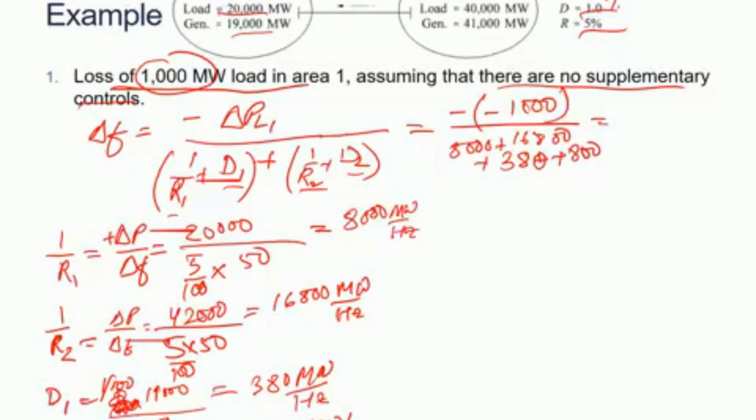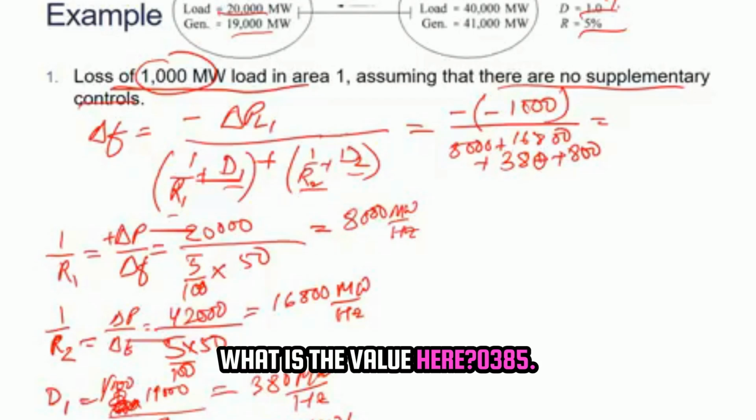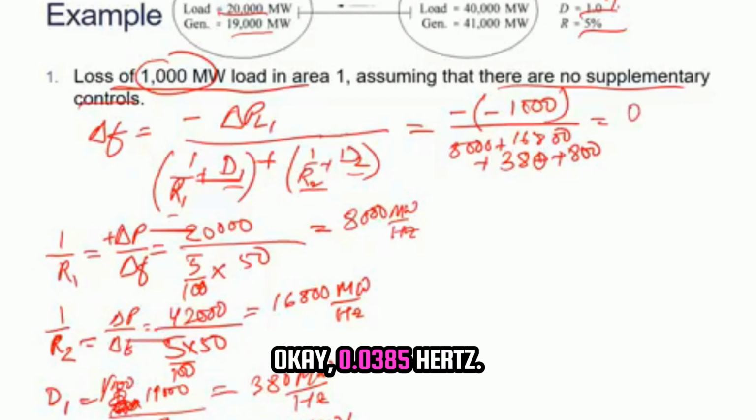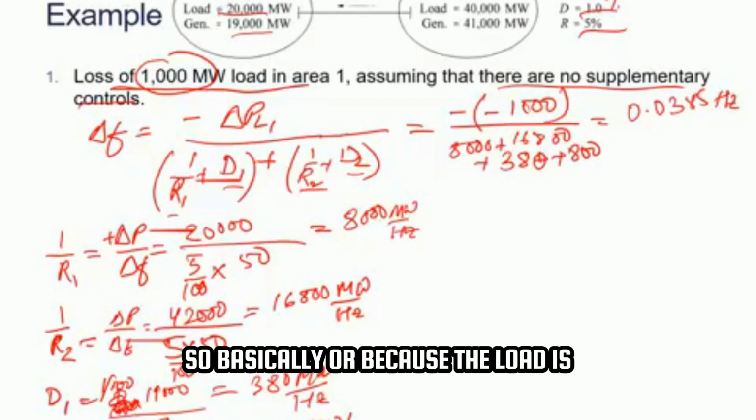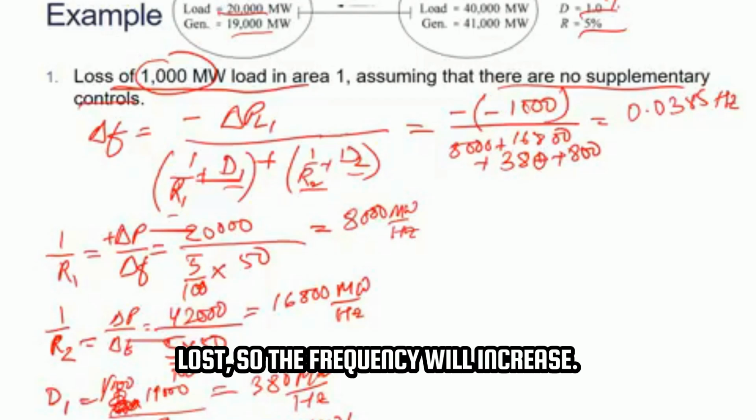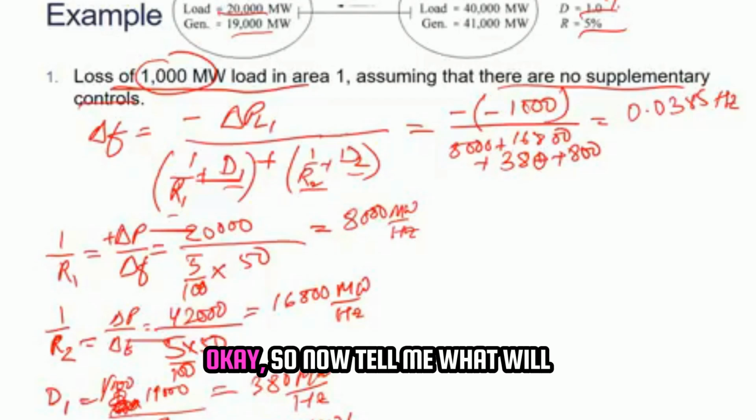What is the value here? 0.0385 hertz. Because the load is lost, the frequency will increase. The frequency will be 50.0385 hertz. Okay.